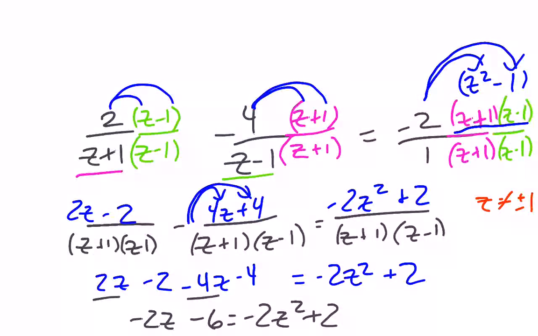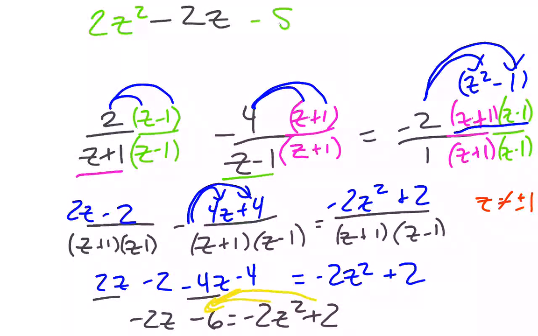Okay, so I'm going to move everything to the left side. So that would give me a positive 2z squared minus 2z, and then -6 minus 2 would be a -8.